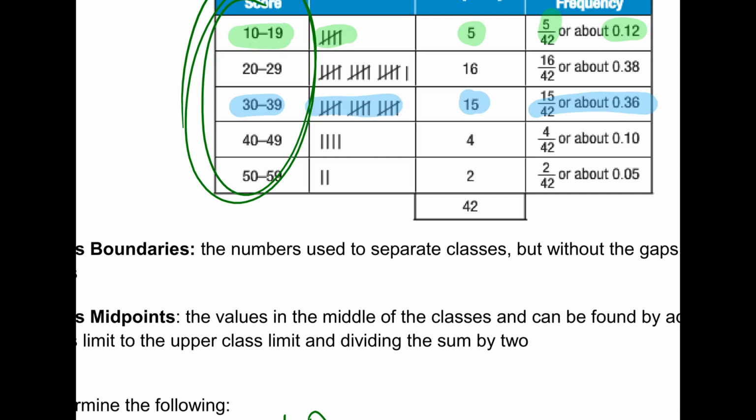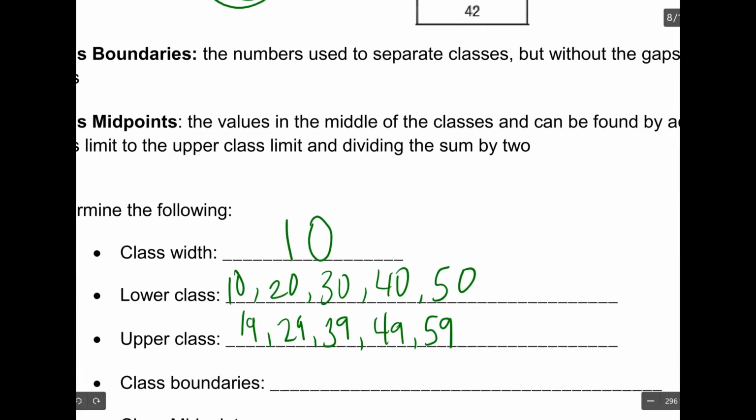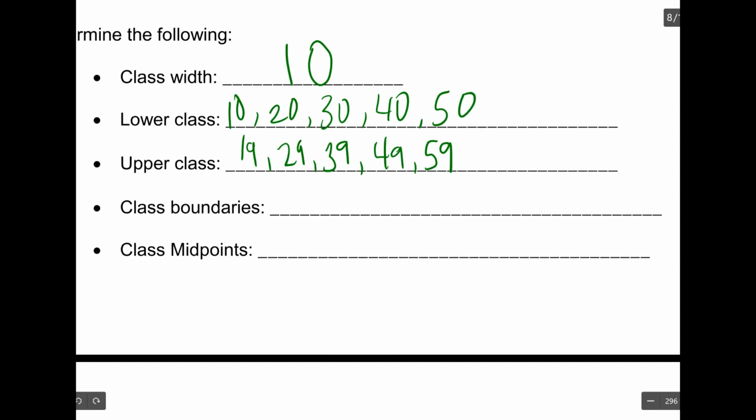Let's say you're at an 88 or 89.4% and you're trying to get an A. That's the 0.5, because I don't have to round, but I do. Here, 19.5 is the boundary. Once you hit 19.5, you go to the 20 to 29. If you're at 19.4, you stay in the 10 to 19. So the boundaries are 19.5, 29.5.